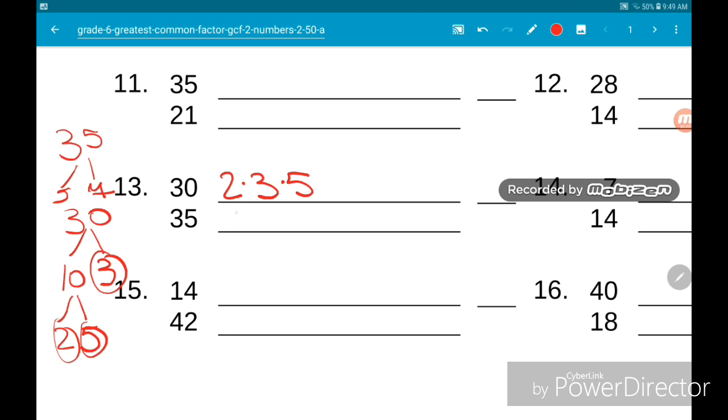So 2, 3, 5 and 7. They have one number in common, 5. Very well. Greatest common factor was 5.